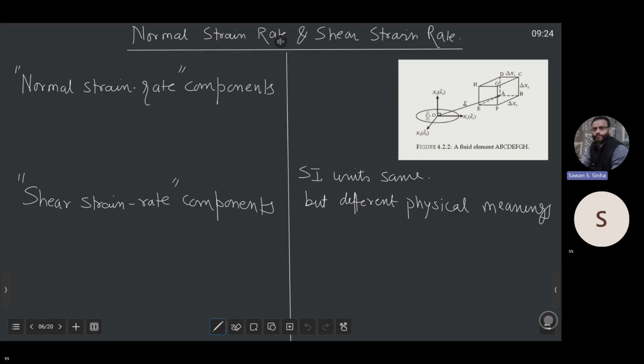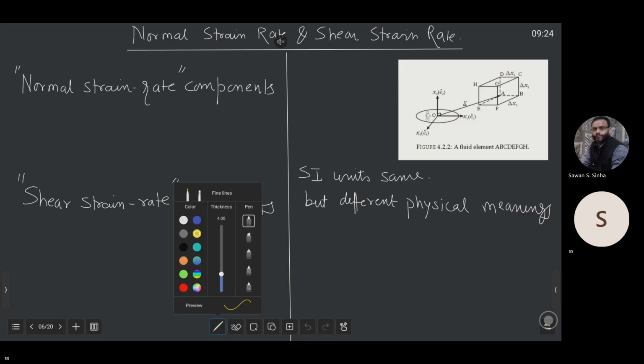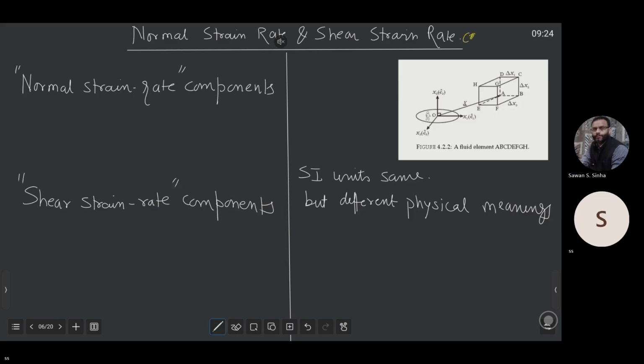Normal strain rate and shear strain rate components. We classify those 9 scalar components of the strain rate into 2 groups. One group is called the normal strain rate component.